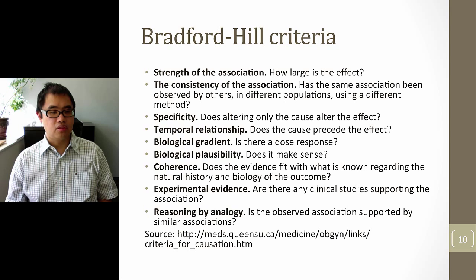Does it make sense that it will work biologically? Coherence. Does the evidence fit with what is known regarding the natural history and biology of the outcome? And experimental evidence. Are there any clinical studies supporting the association, especially randomized controlled trials, although sometimes randomized controlled trials are not available due to ethical reasons? Reasoning by analogy. Is the observed association supported by other similar associations?